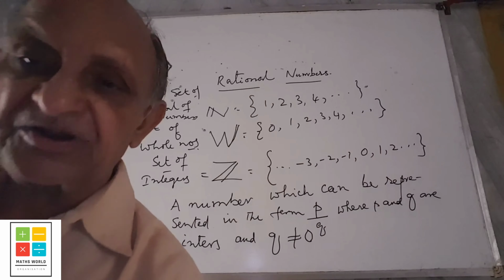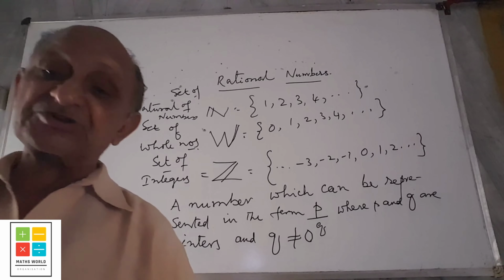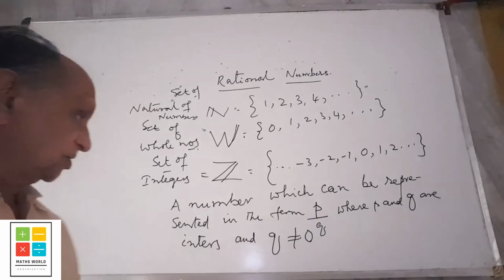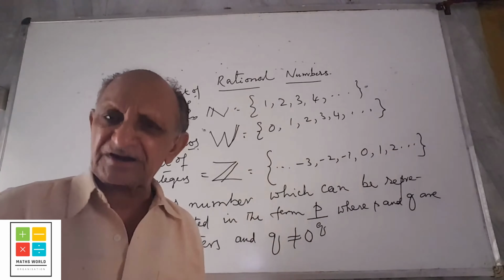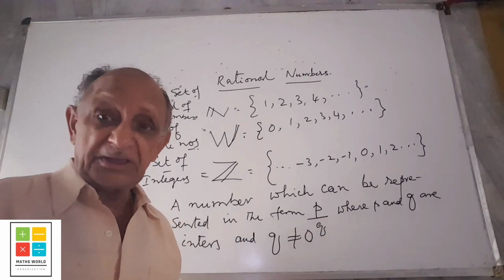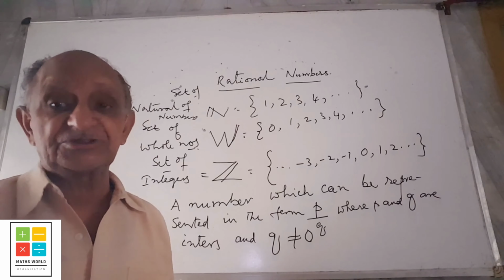This is the definition of rational numbers. It is in the form P by Q. It is a fraction rather. P and Q are integers.